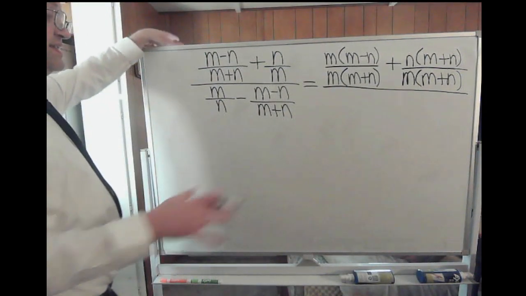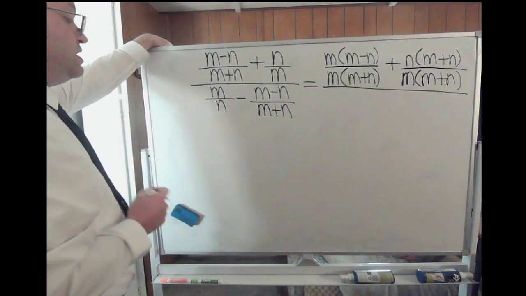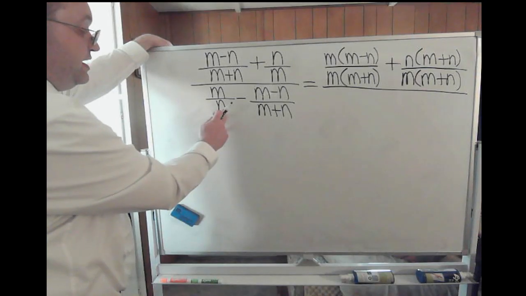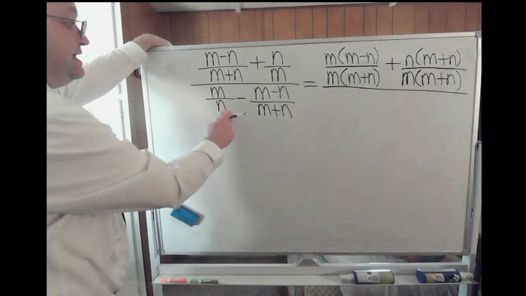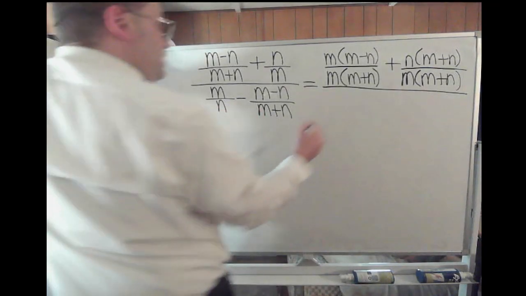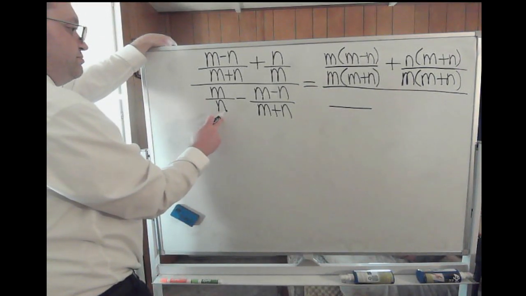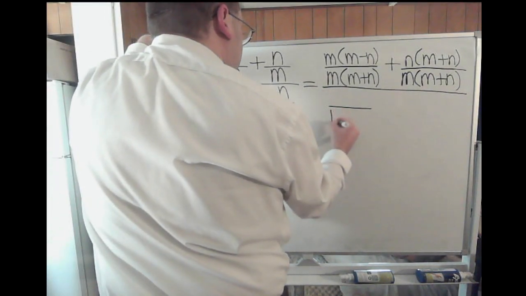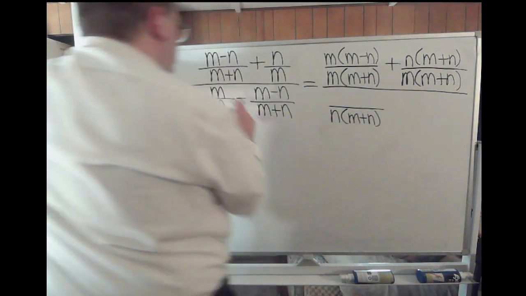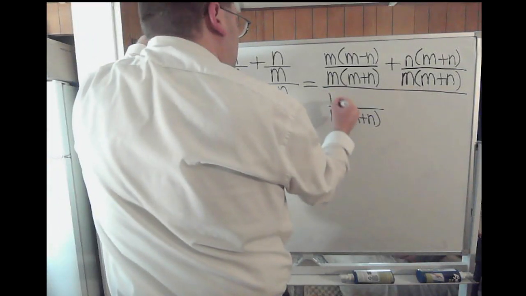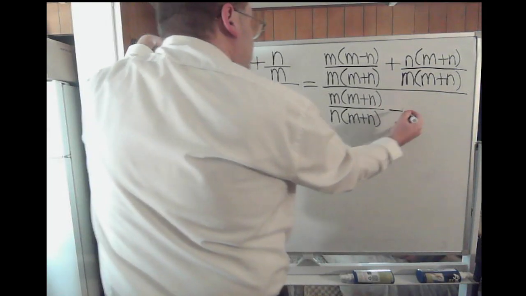Now, consider only the denominator, m over n minus (m minus n) over (m plus n). Well, you have a denominator of n, you have a denominator of m plus n. Your least common denominator would end up being n times (m plus n). So I'm going to make the first term in the denominator have n times (m plus n), which means I need to multiply that numerator of m times (m plus n), minus.